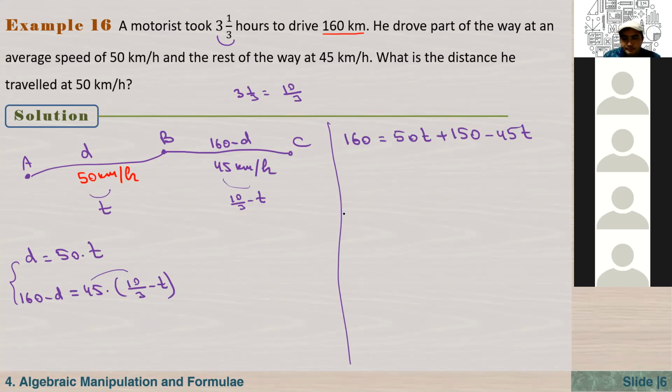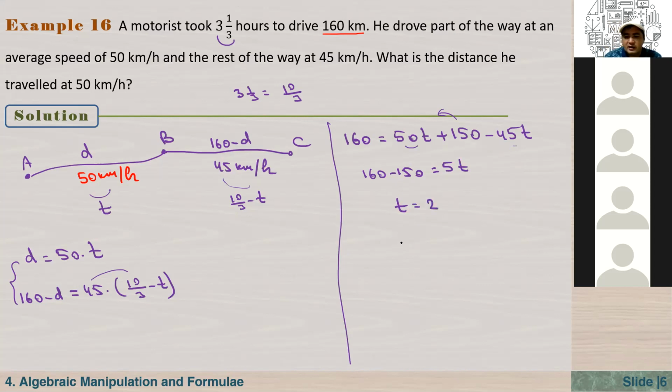Well, yes. So now that's just a simple linear equation. We have to solve it, right? Take 150 to the left hand side. So 160 minus 150. On the right hand side, 50t minus 45t. That's equal to 5t. So what is t from here? 160 minus 150 is 10. 10/5 is 2.